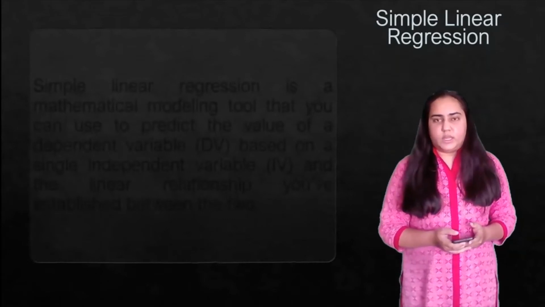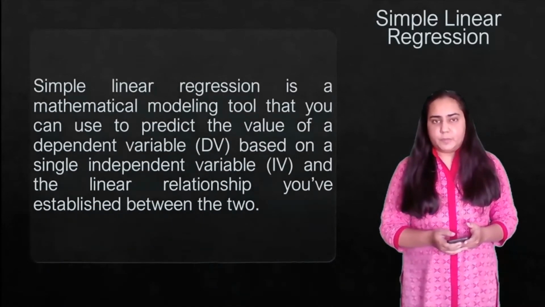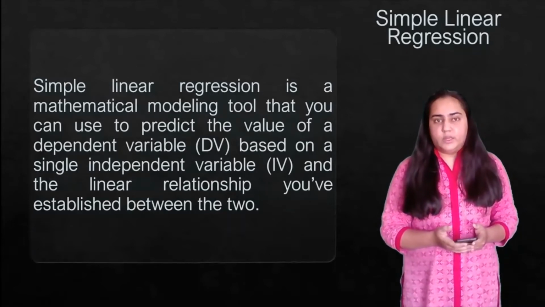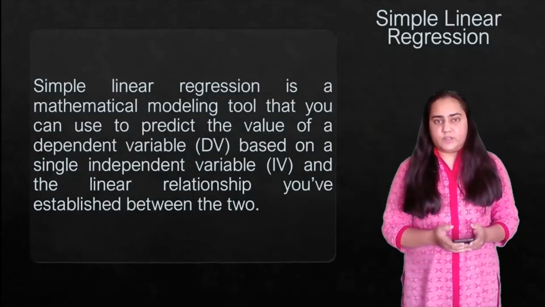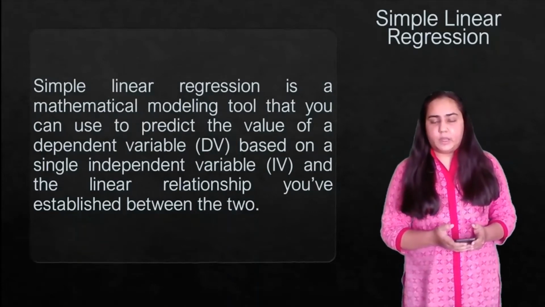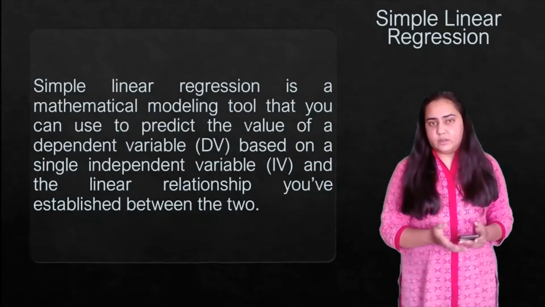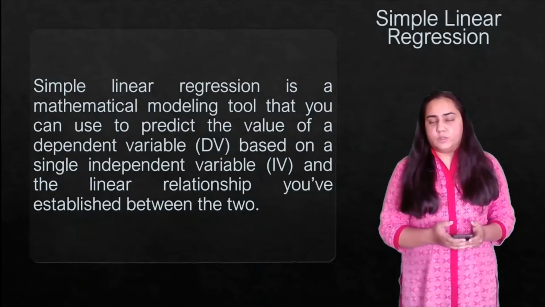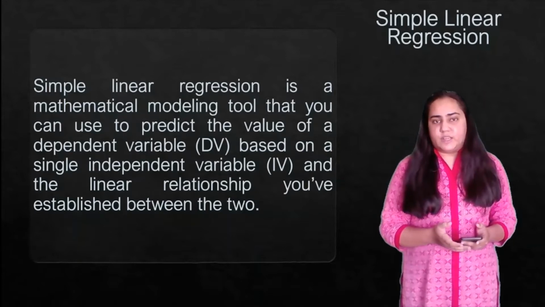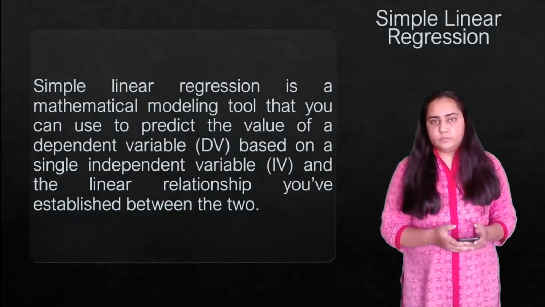First, we'll begin with a simple linear regression. So simple linear regression is a mathematical modeling tool that you can use to predict the values of a dependent variable, which is denoted by DV, based on a single independent variable denoted by IV, and the linear relationship you've established between the two.